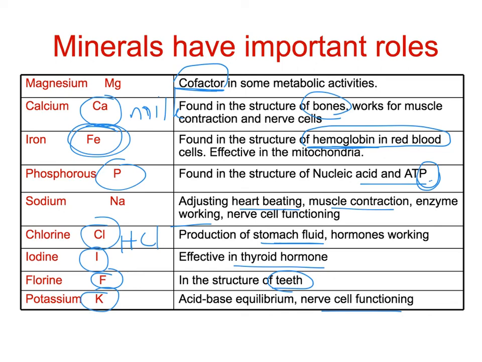We obtain these minerals, for example, when we drink mineral water or soda, and we obtain these minerals from some kinds of food in the environment, but these are inorganic and these are important. The body needs a very tiny amount, but they are important for the health of humans and other organisms.